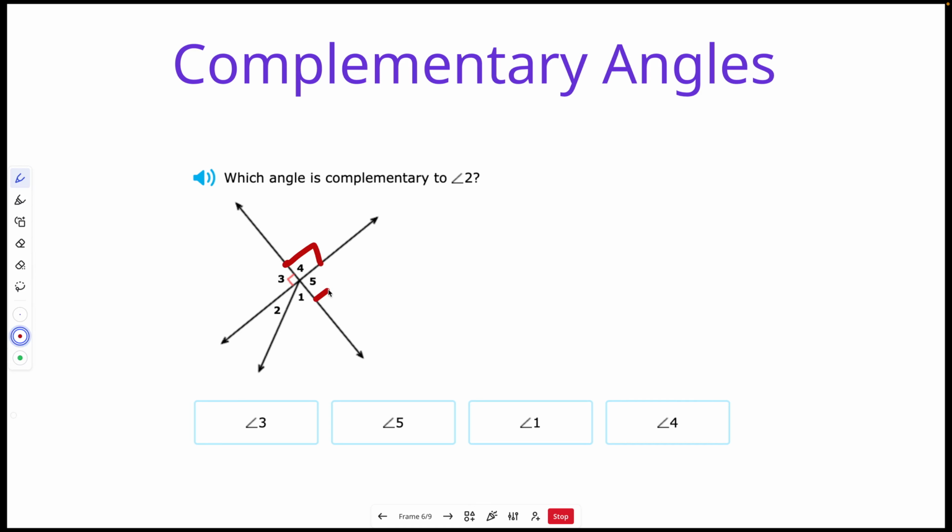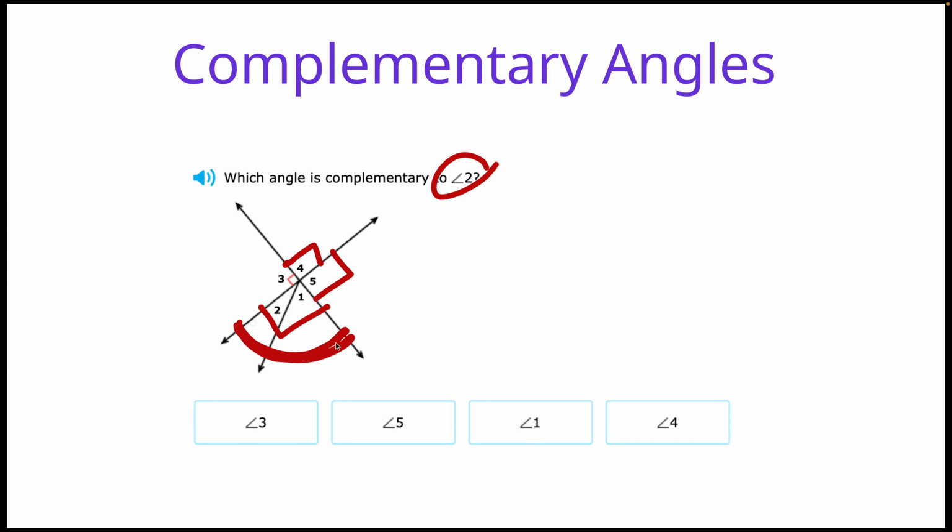It also means that this is a right angle. And it also means that this is a right angle. So complementary to angle 2 means that it has to add up to 90 degrees. And so notice that angle 2 and angle 1, if we combine those, has to be 90 degrees. And so our answer is just angle 1.